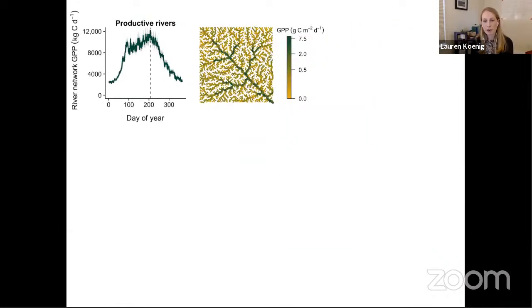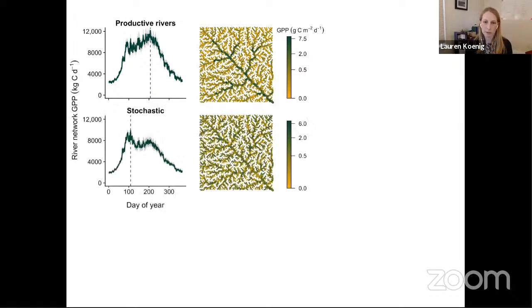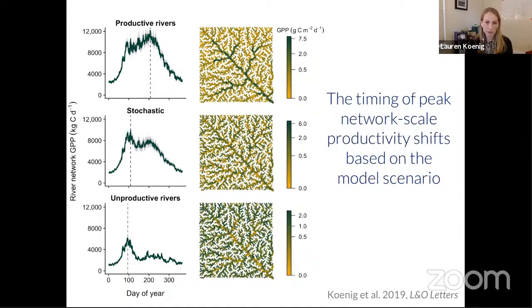And so to compare the network productivity regimes across the 3 model scenarios, I'm going to show the annual network pattern on the left, and on the right is the spatial distribution of GPP on the day of peak network productivity that's indicated by the dashed line here. So under this productive rivers scenario, network scale GPP was highest during the summer, around day 200, when large river reaches were highly productive relative to small streams. In contrast, peak network productivity occurred earlier in the year for both the stochastic and the unproductive rivers scenario.